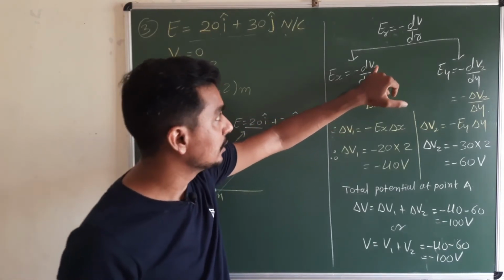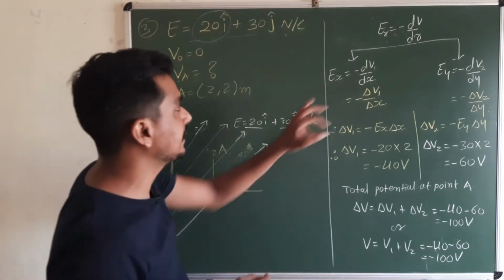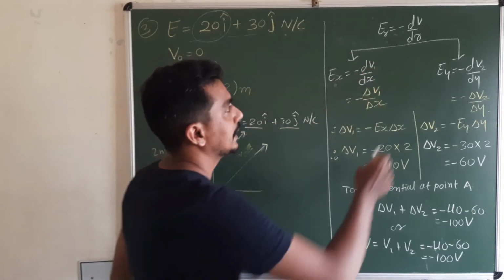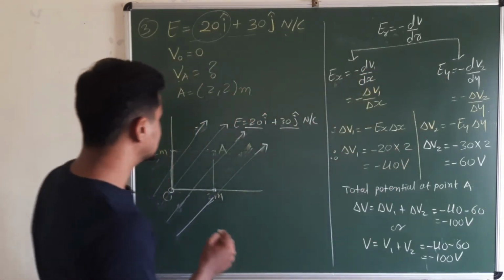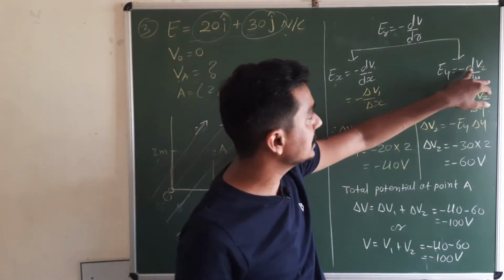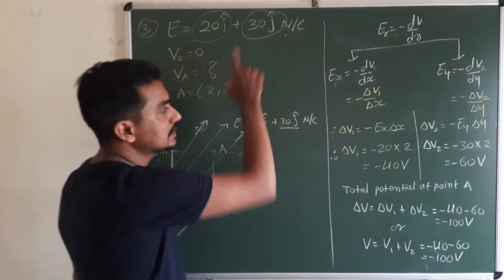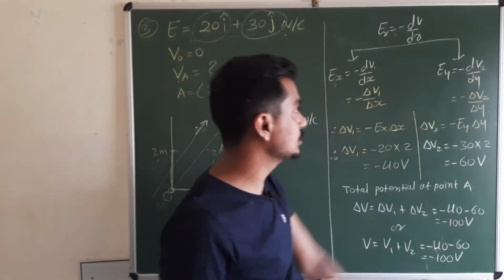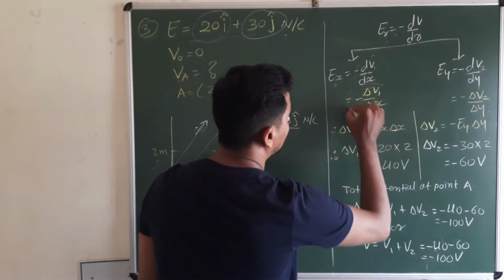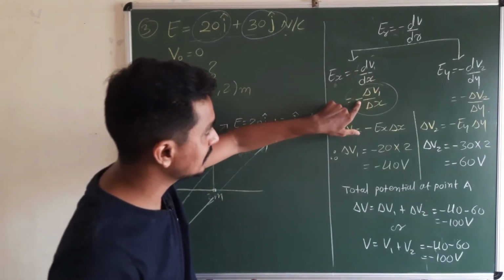And Ey is equal to minus dV2 by dy. That is, the potential due to this component is V2. Now this dV by dx I can write as minus delta V by delta x. Here the minus sign is there, so it is as it is.